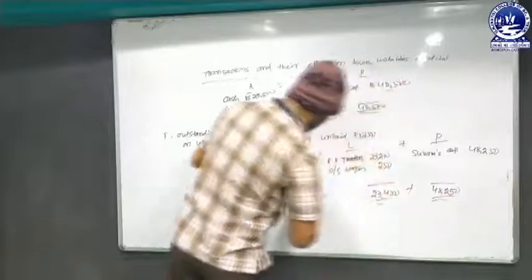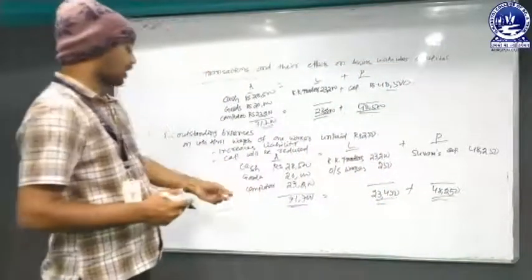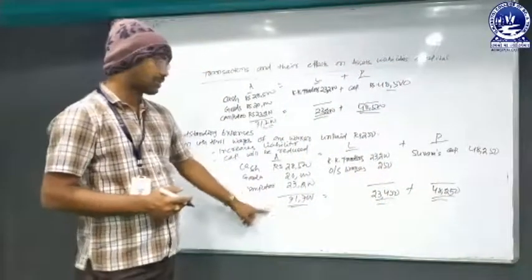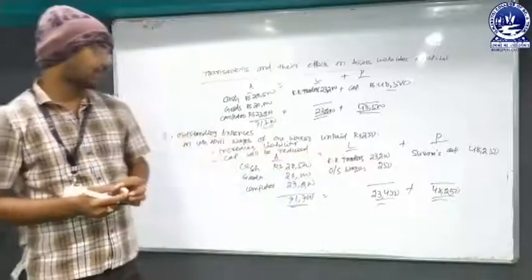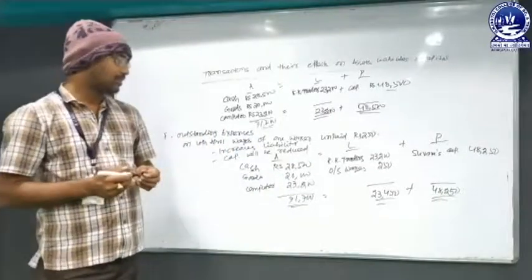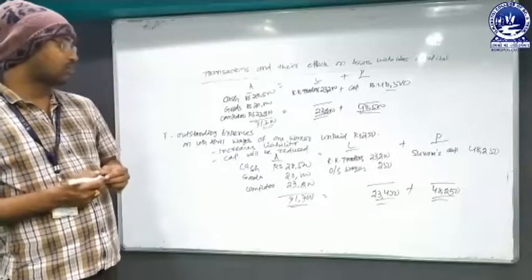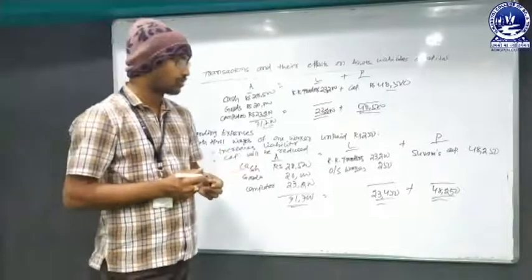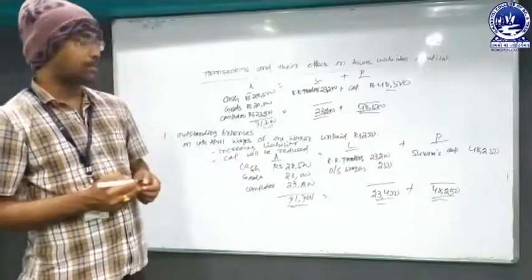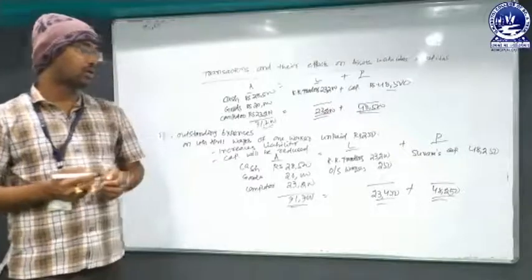If we compare that, we can say that the assets or left side must equal the liability side. That means assets equal 71,700, which equals liabilities 23,450 plus capital 48,250.